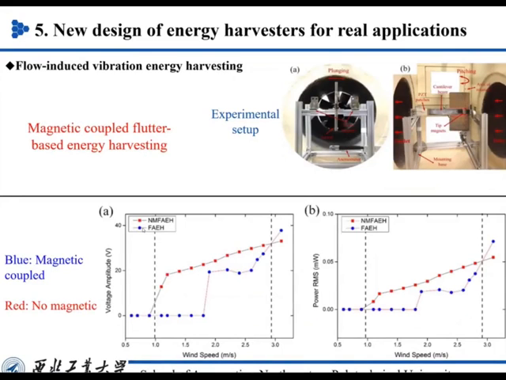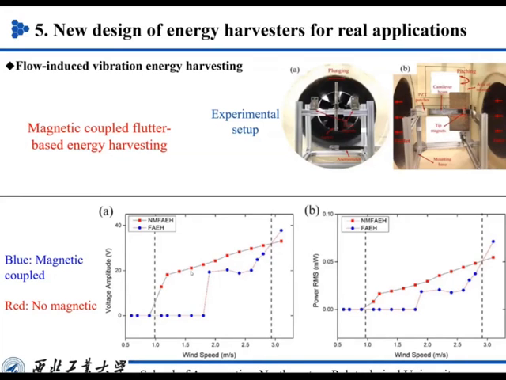So the blue one is... okay, the red one is the magnetic coupled one, I made an error. The red one is the nonlinear magnetic coupled flutter energy harvester, and the blue one has no magnet.